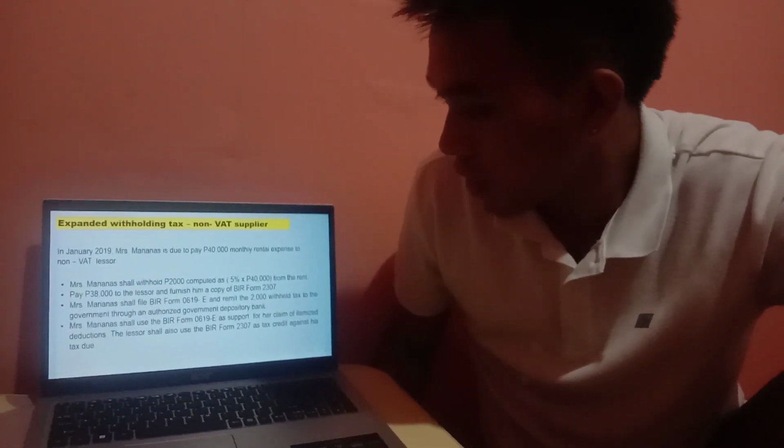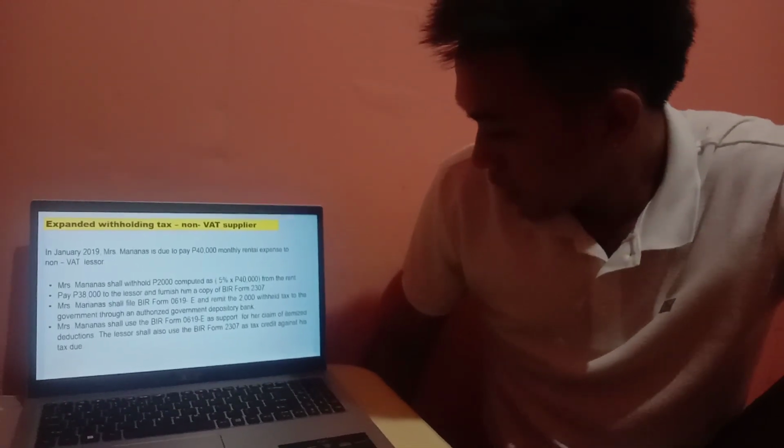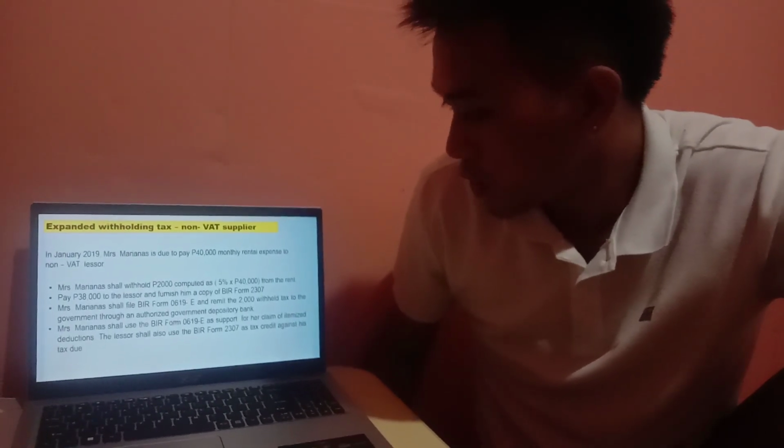Mrs. Marianas shall file BIR Form 0619E and remit the 2,000 withheld tax to the government through an authorized government depository bank. She shall use the BIR Form 0619E as support for her claim of itemized deduction. The lessor shall also use the BIR Form 2307 as tax credit against his tax due.